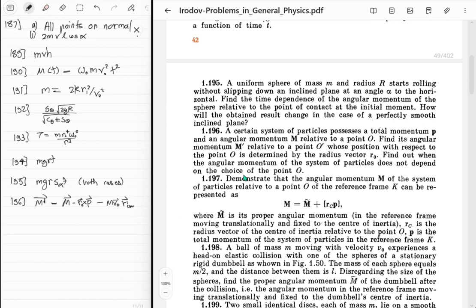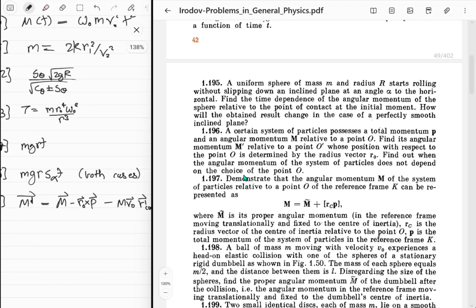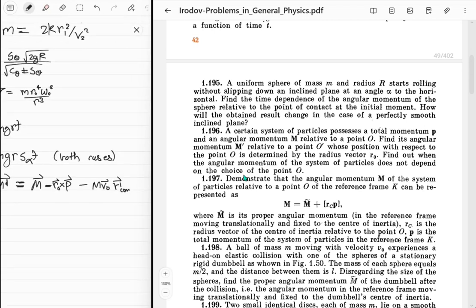So if it does not depend on that, then what must happen? Then these must be equal. Then r naught vector cross p vector should be equal to negative r naught vector cross p vector plus m v naught vector, and this should actually be 0 for all values of r naught vector and v naught vector. So this should always be 0.